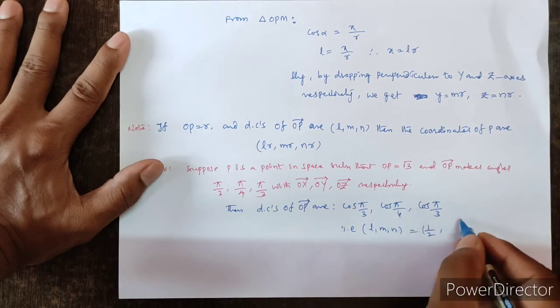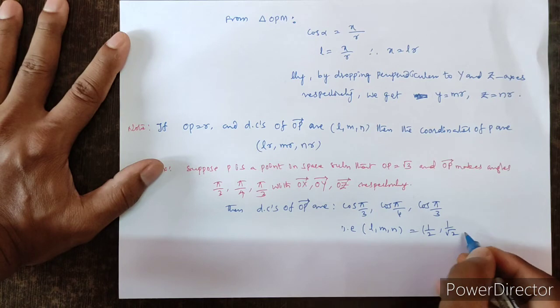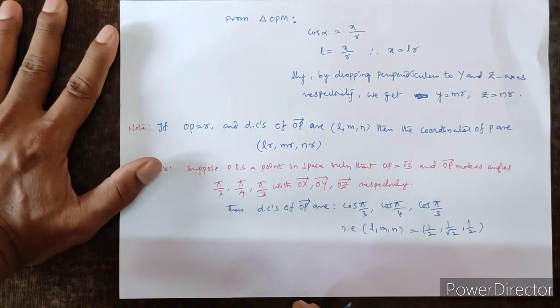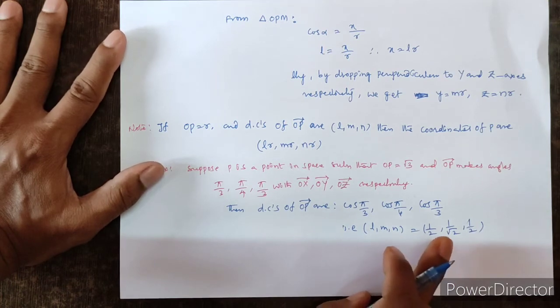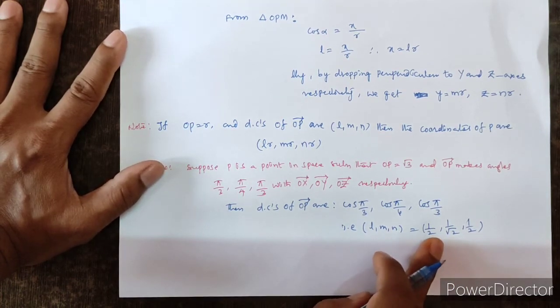Cos 45 is nothing but 1/√2. Cos 60 is nothing but 1/2. So these are the direction cosines.